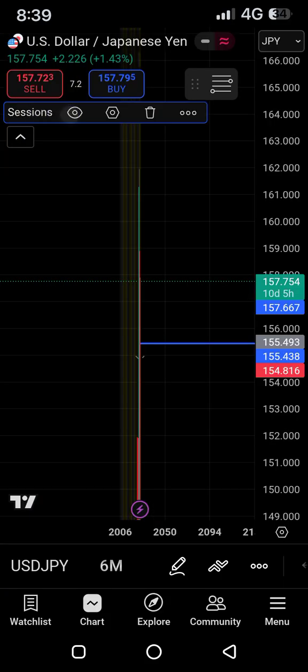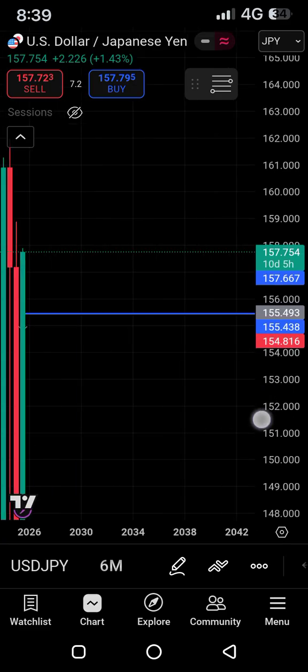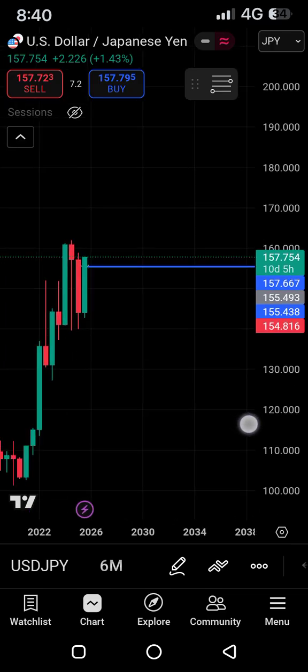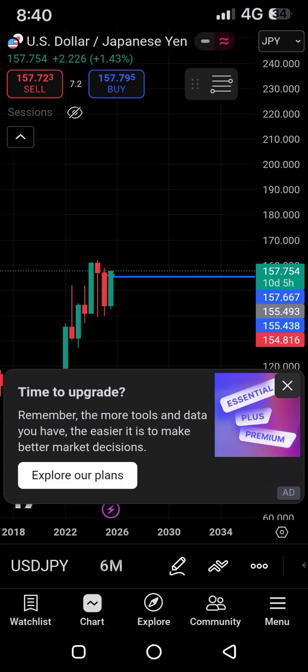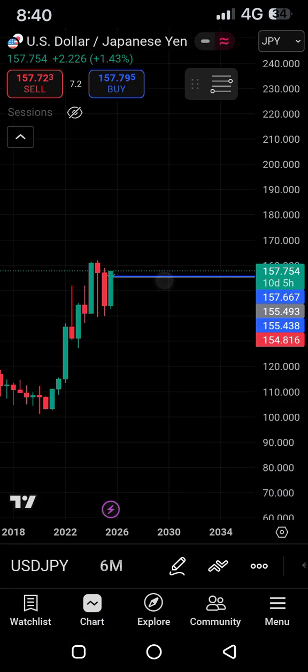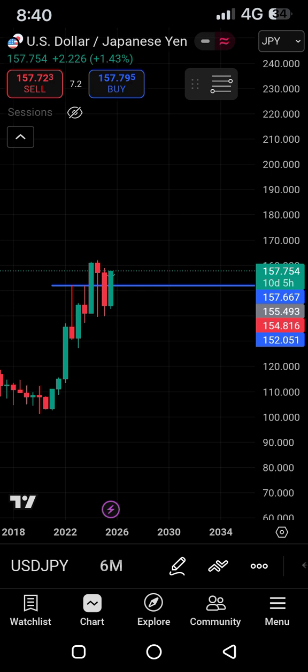We shall turn off the sessions so that we don't have so much noise. So for the past 6 months, we see that price has made a bit of a structure here. If you guys observe anything above this level, remember this was an area of resistance in the market before.